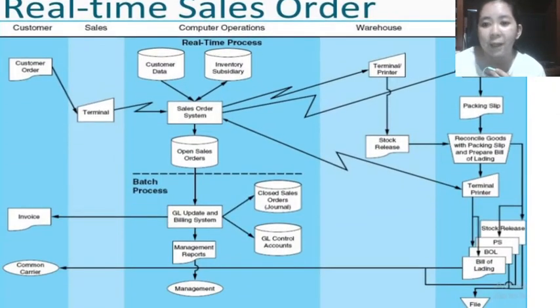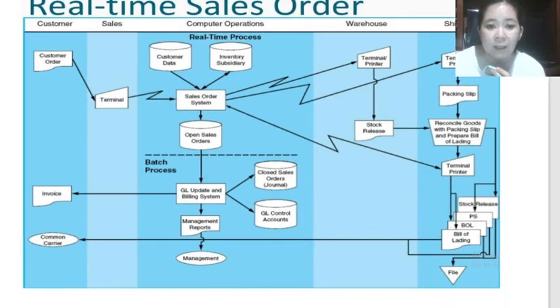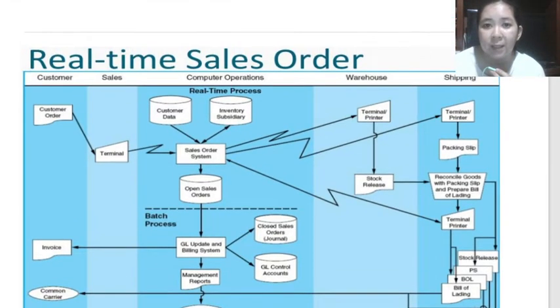So we also have here an example of the real-time sales order. Okay, so in this case, it shows here that once the transaction takes place, then there will be an automatic updating of our master file and our database.